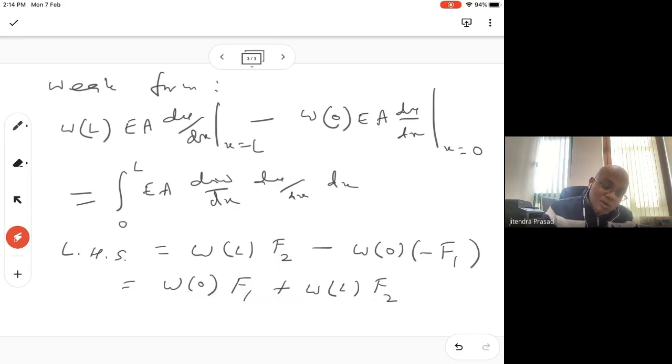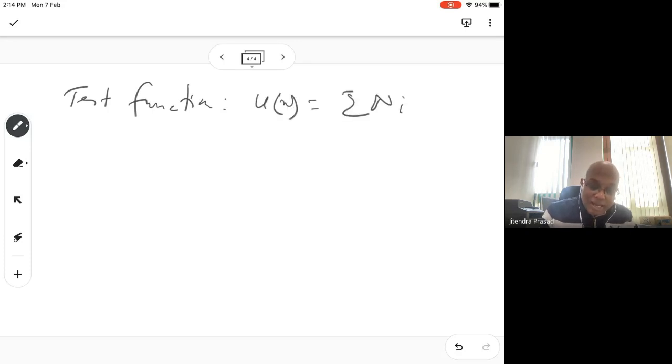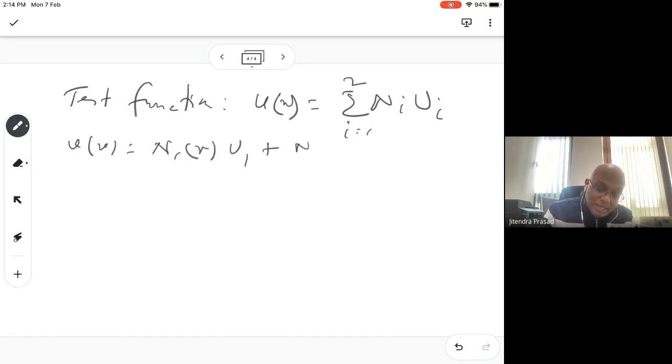Now we want to have a test function, and we want u(x) as a function of N_i u_i that I have written already, where I know what N1 and N2 are. So basically u(x) equals N1(x) u1 plus N2(x) u2.